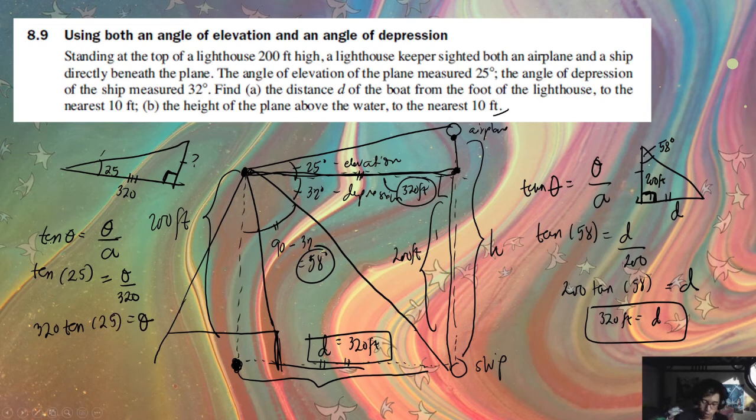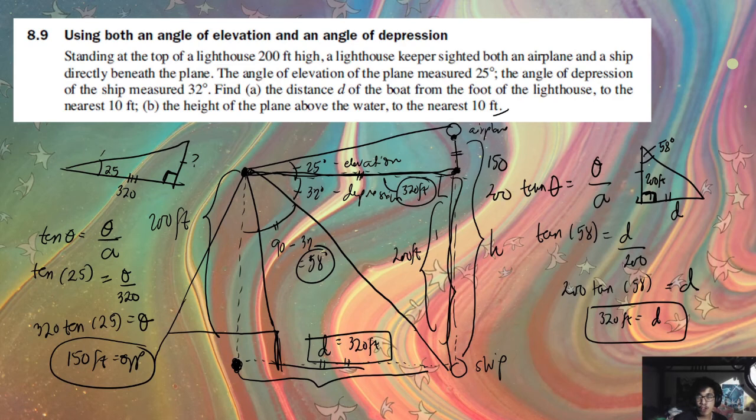Solving that using a scientific calculator gives us 149.22, or approximately 150 feet. So there's our opposite side: this side is 150, and this side is 200.